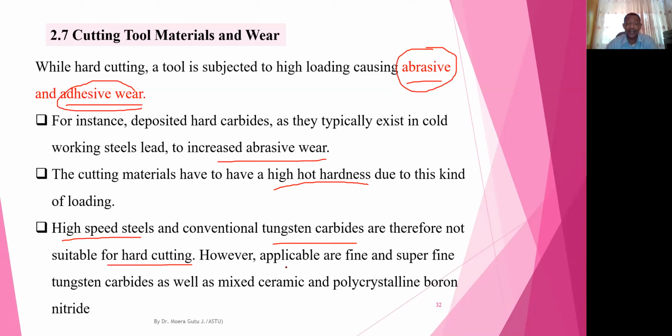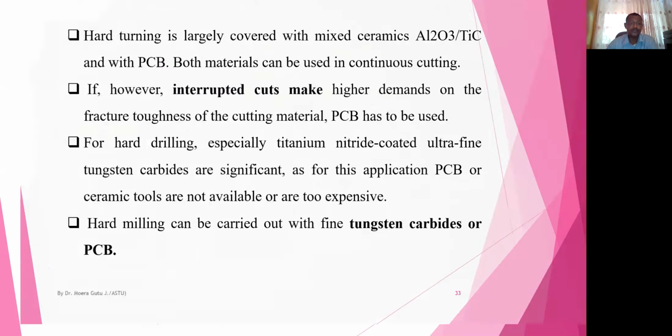However, applicable are fine and superfine tungsten carbides, as well as mixed ceramics and polycrystalline boron nitrides, which can be used as cutting tool material for hard turning, hard milling or hard drilling operations.